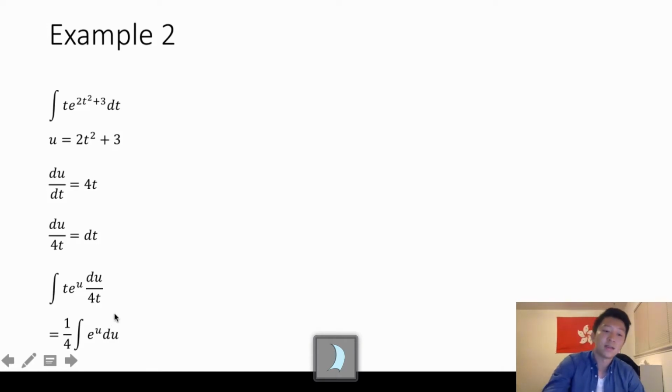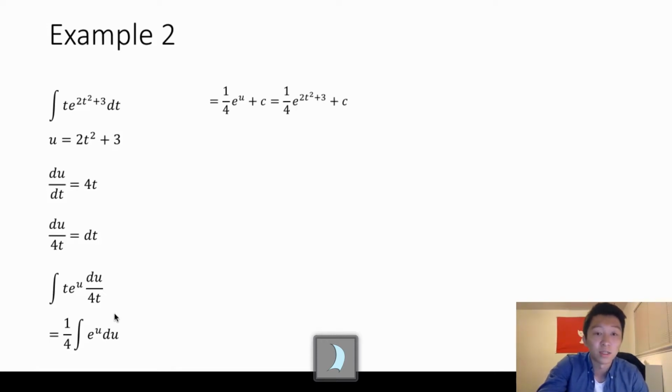Again, this is a pretty easy integral to evaluate now, since we're integrating with respect to u. The integral of e to the power of u is just e to the power of u. Then you multiply that by a quarter and add the integration constant c. So the final answer, after you sub the u back in here, is a quarter e to the power of 2t squared plus 3 plus c.